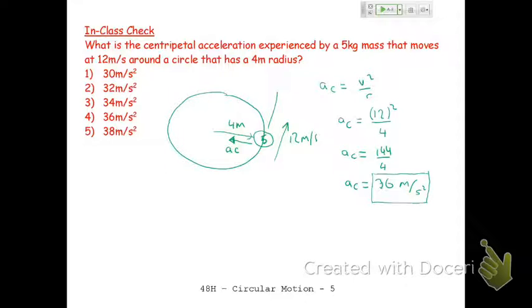Because what tends to happen is when people first begin and they think about centripetal force, they add it to the other forces that are there. So I have a tension in my string and I have a centripetal force. Absolutely not. The tension in my string is causing the centripetal acceleration. The centripetal force is how much of that tension I need.